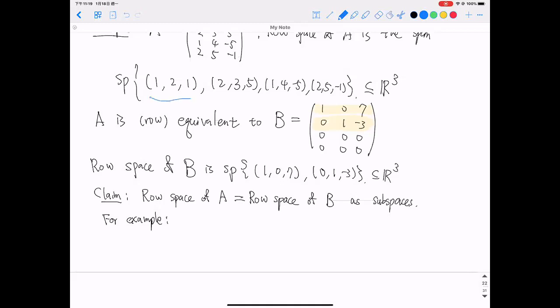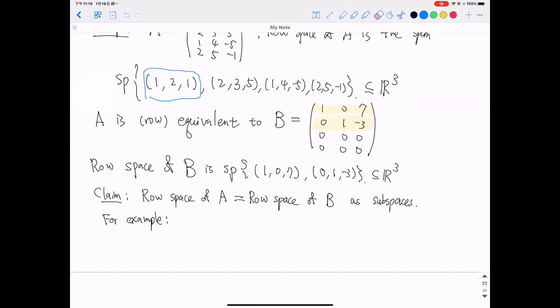So for example, 1, 2, 1, being a vector in the row space of A, should be in the row space of B. That is, it has to be written as a linear combination of the two vectors appearing here.